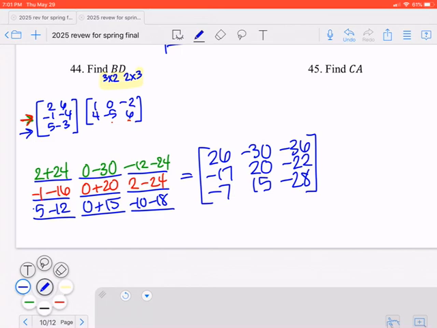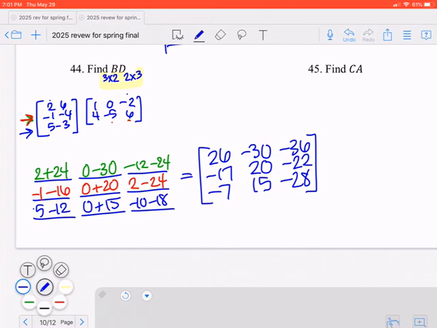So I messed up somewhere. This one is different than my page. So that would have been 2 times negative 2. Wait.